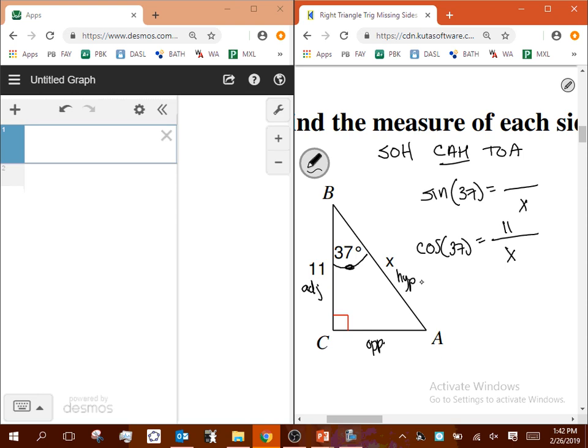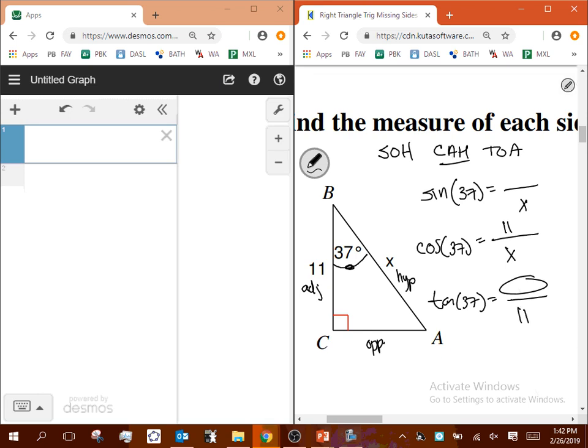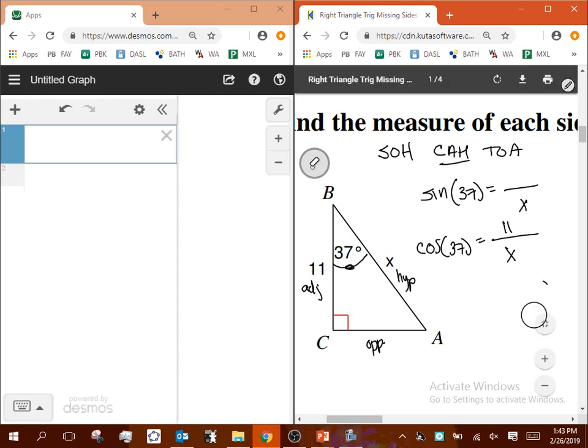Tangent of 37 would be opposite. Again, that's going to be blank there, right? Over adjacent, which would be 11. So there's a situation where even though we can use opposite over adjacent, because we don't have anything written down as the opposite side, we can't really use that one. Okay? So we only deal with the cosine one.